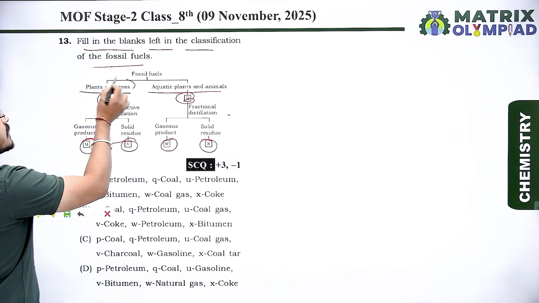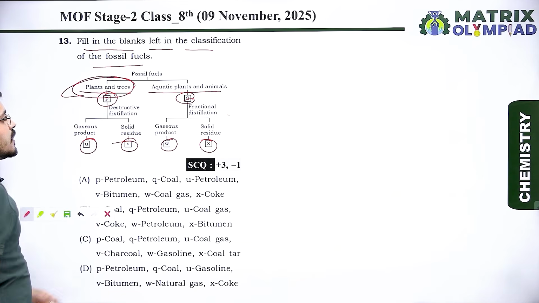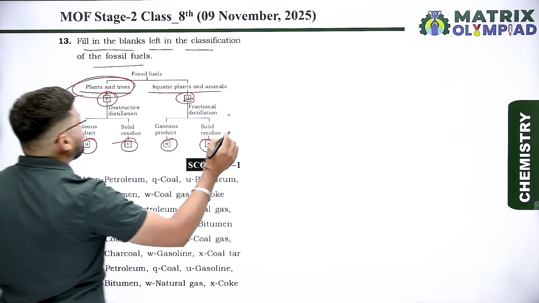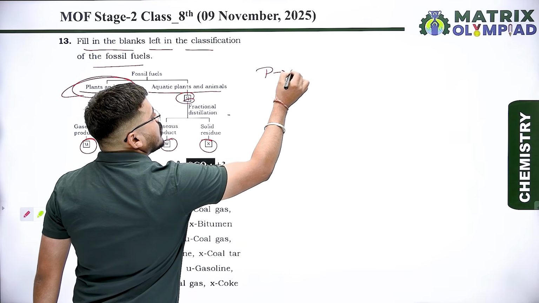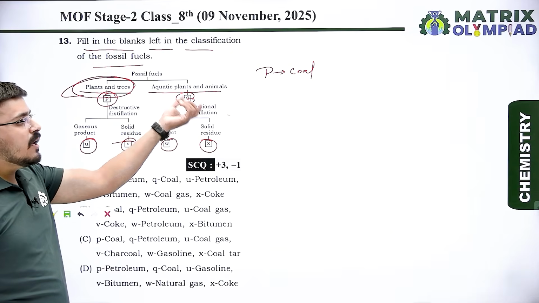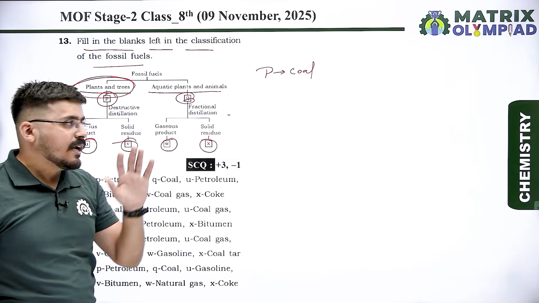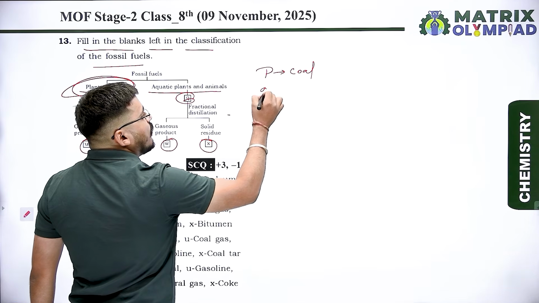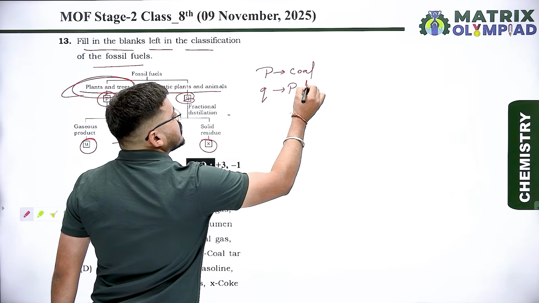When plants and trees are buried under high temperature and pressure, they will form coal. So P is coal. Here Q, aquatic plants and animals are buried under high pressure and high temperature, then Q will form, meaning petroleum is formed.